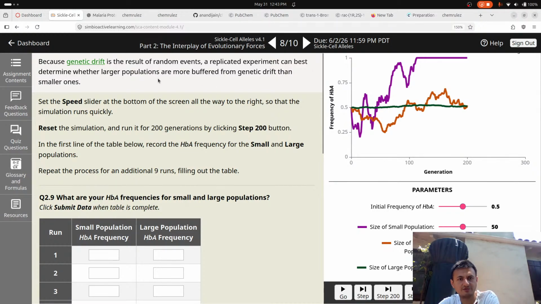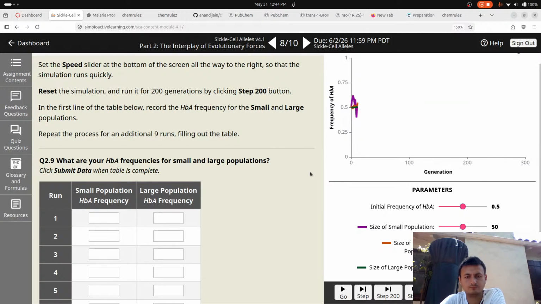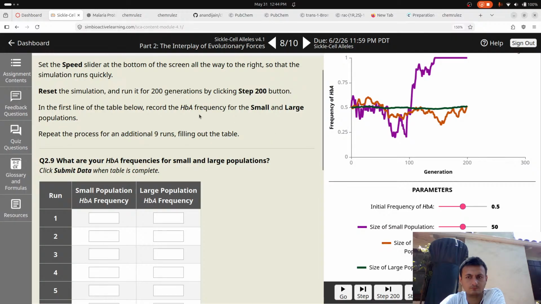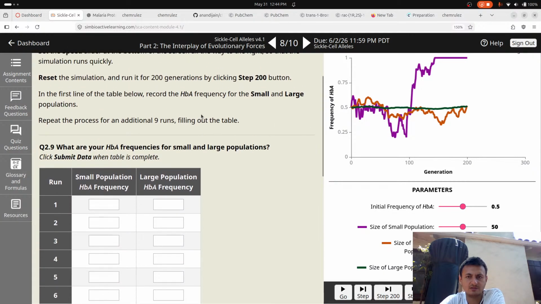Because genetic drift is the result of random events, a replicated experiment can determine whether larger populations are more buffered from genetic drift than smaller ones. This is in the scenario where sickle cell is not a problem, right?